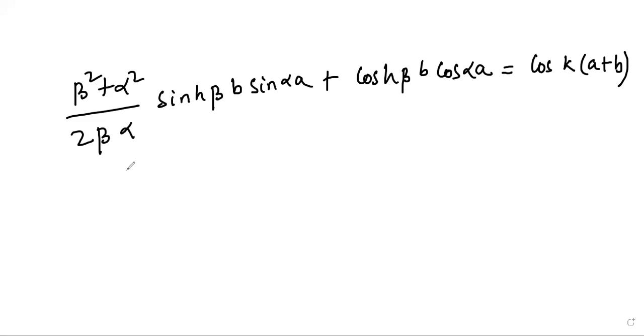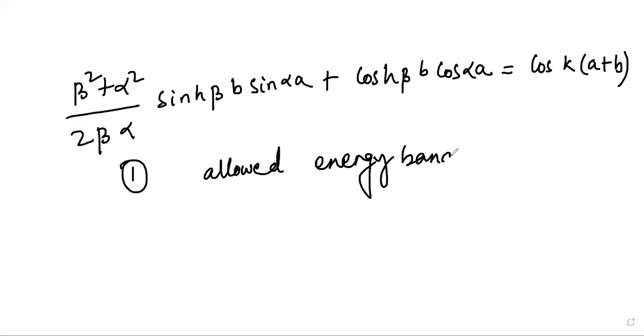The first conclusion, which we will study in some other video, is that there exist only certain allowed energy bands, separated by forbidden regions, or band gaps, as we call them.